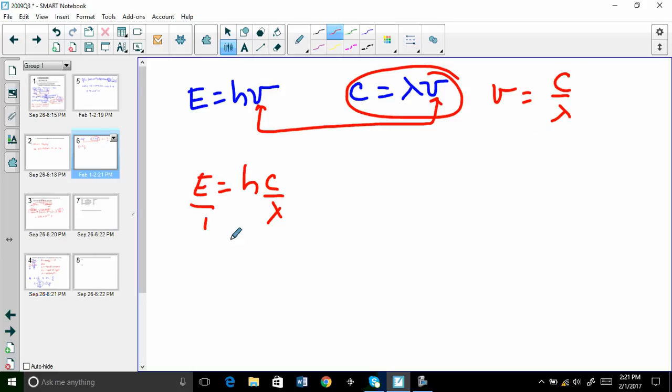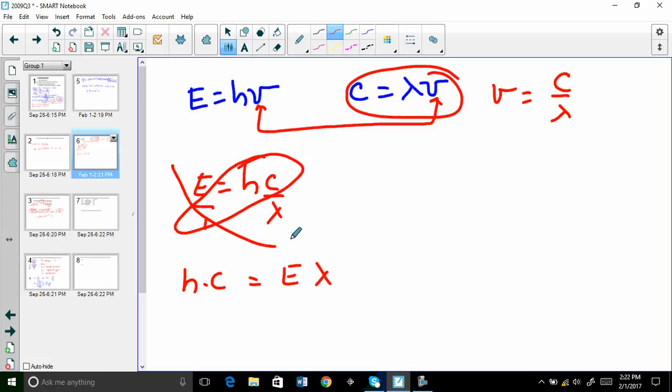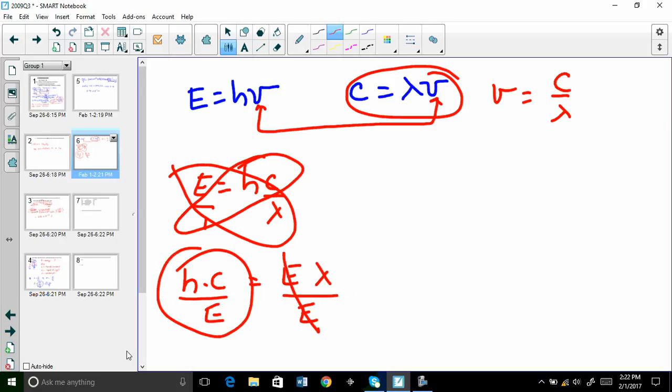And so now if I took cross products, H times C equals E times lambda. And if you're solving for lambda, you would divide both sides by E. However you do it, that's the equation you use to solve the problem.